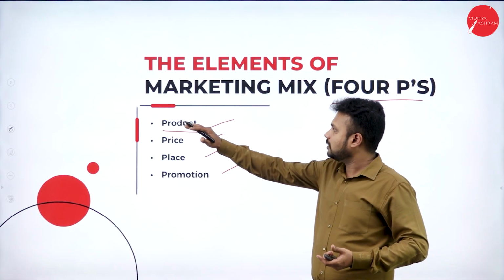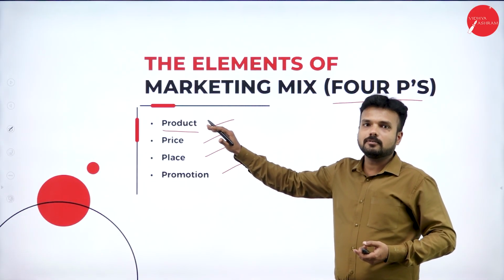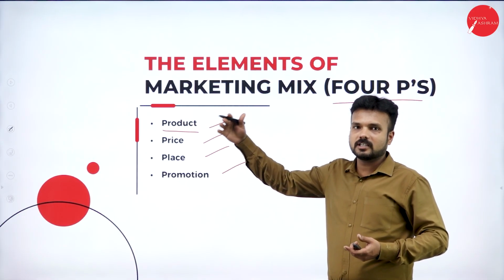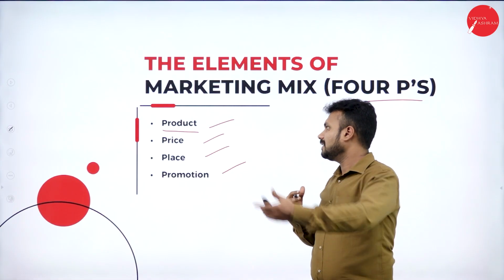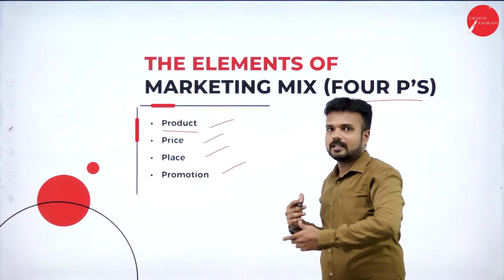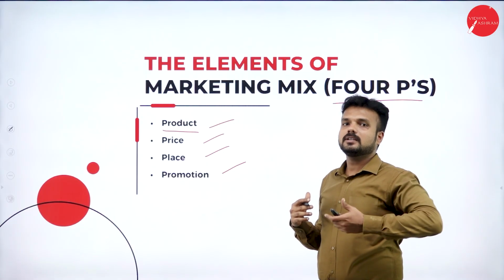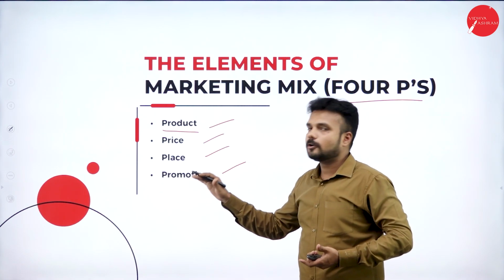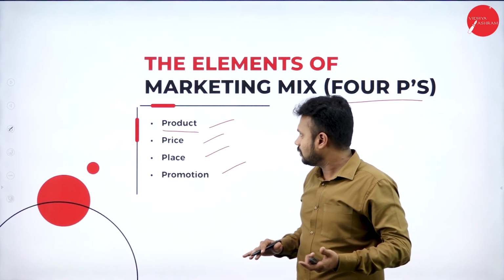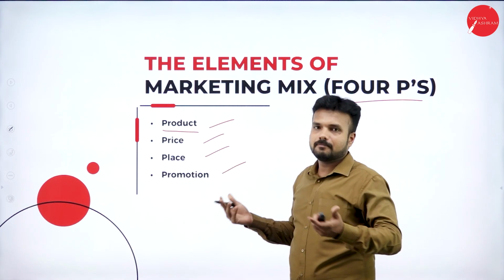When it comes to a product, we use strategies to manufacture a good quality product. We add certain ingredients or features to the product, meaning we give the best product to the people. Without these 4 P's, no business happens. If there is no product, how can the business happen?